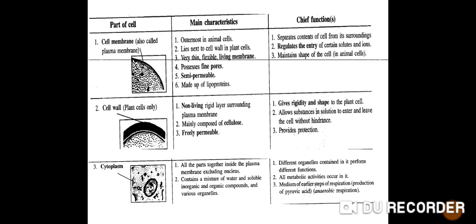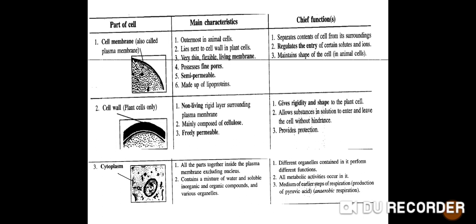Now, coming to the parts of the cell and their functions to be studied, we'll start with the cell membrane, also called the plasma membrane. Main features: it is the outermost membrane in animal cells.